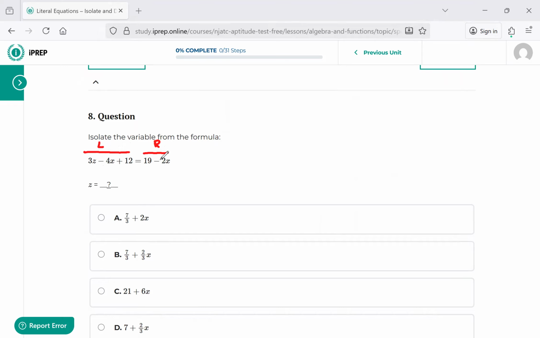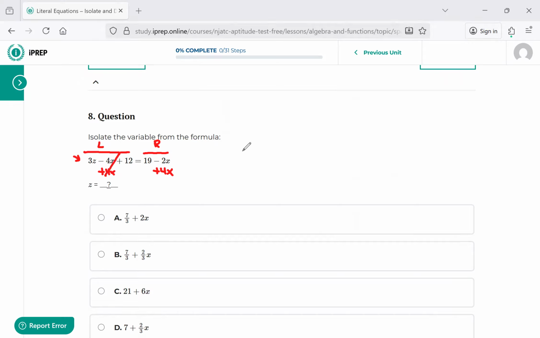So next, what you have to do is get all the variables on one side. Our goal is to solve for z. So locate where z is. z is right here. Let's just move everything to the right. So get rid of this negative 4x, get rid of this 12. Let's start with negative 4x. How do I get rid of it? By adding 4x to both sides.